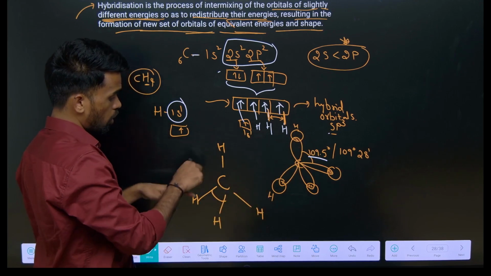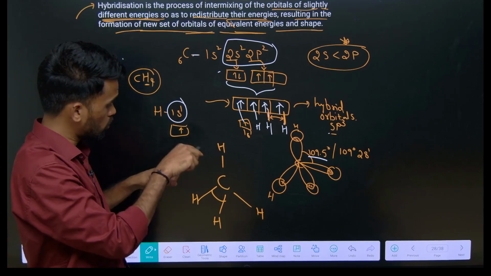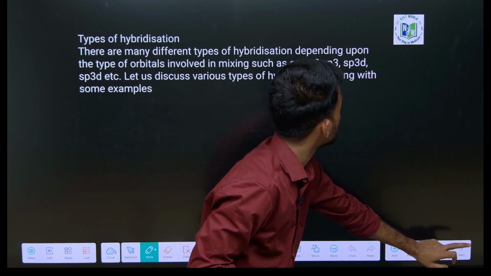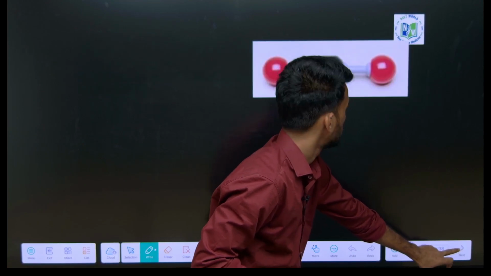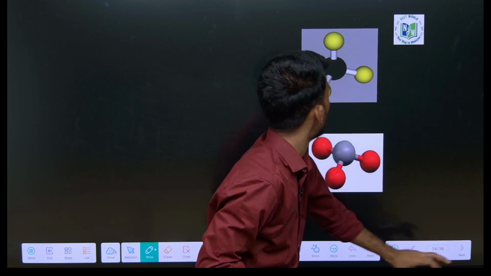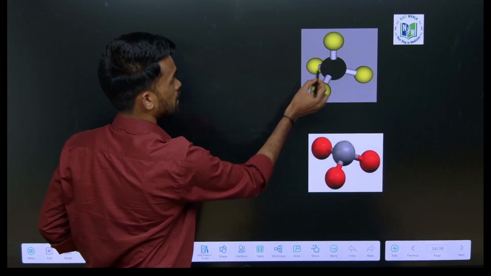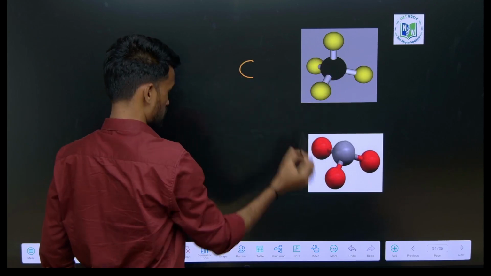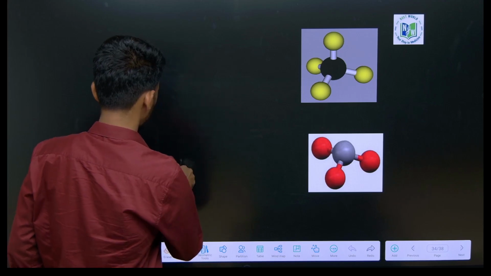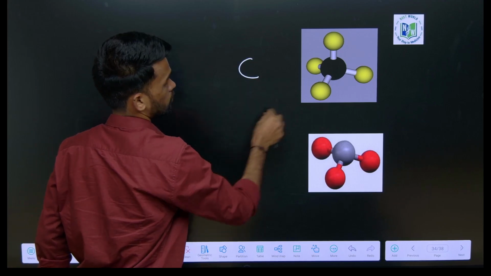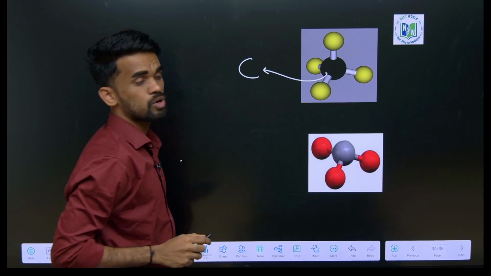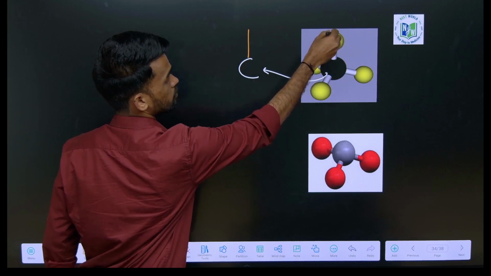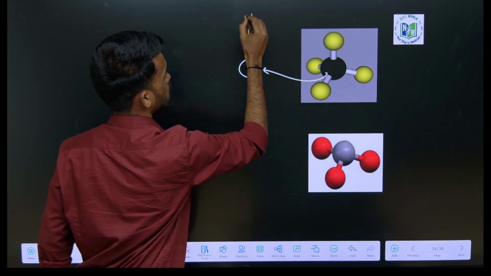So how do you imagine this, or how do you see this in the three-dimensional orientation? I have a pictorial representation for that. See here, the black center is the carbon atom, and the yellow lines which I have represented here are hydrogen atoms.